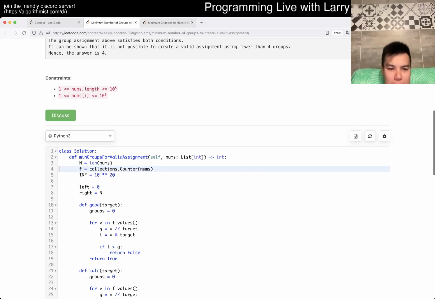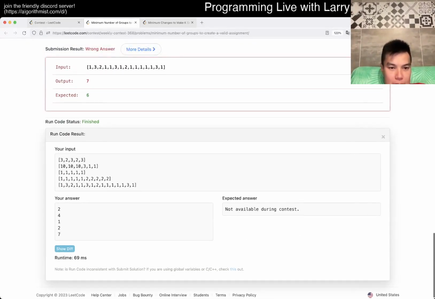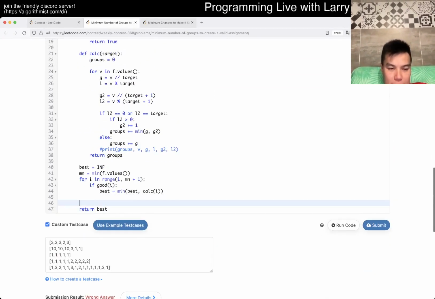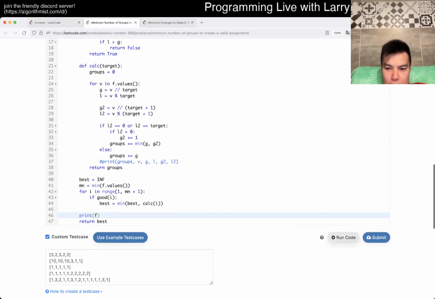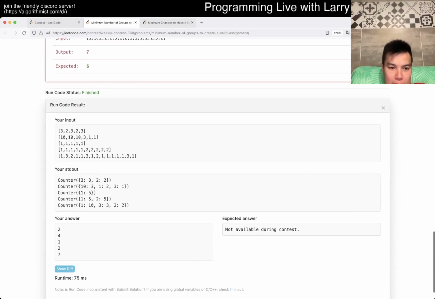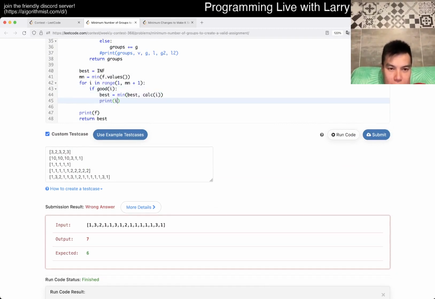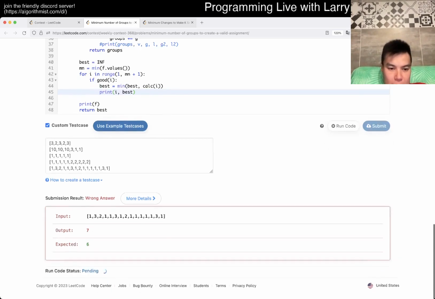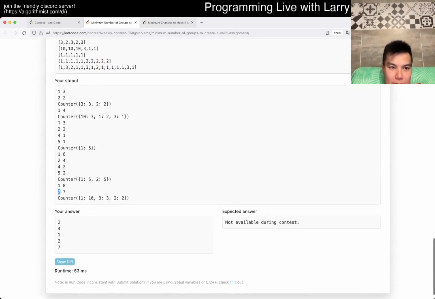Yeah, I guess that's not really a big case. What would I get wrong? 7. My answer is 7. My group is, well, 1 is 8 groups, 2 is 7 groups.